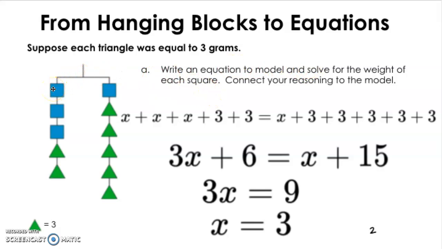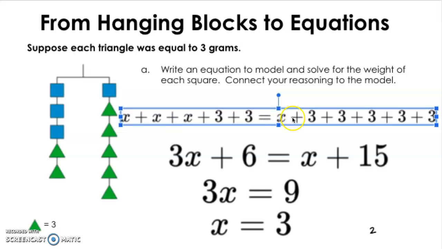We don't know how much the squares weigh, but we know the triangles weigh 3. So we can say this is x plus x plus x plus 3 plus 3. So that's what I've written on the left side. And then on the right side, there's only one x, the square, plus 1, 2, 3, 4, 5 of the 3 gram triangles.